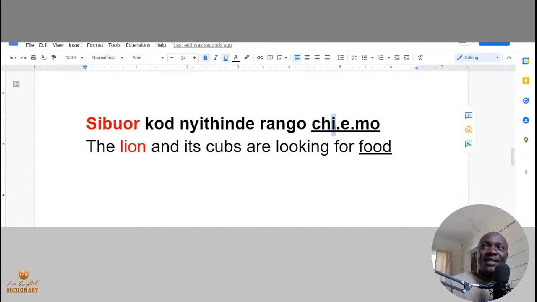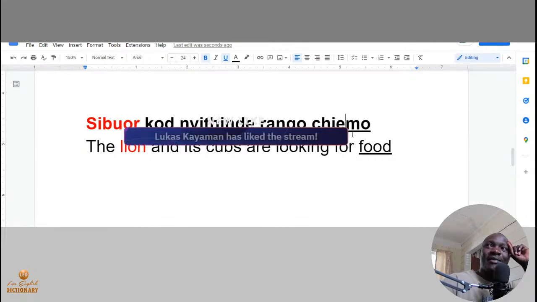I don't know whether this makes sense. So that's why people are not able to read the Luo language when you give them this word, because they'll be like, wait, now how chai? They'll be like chai, aimo.